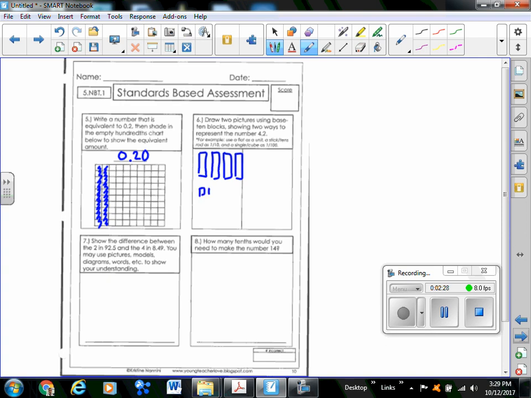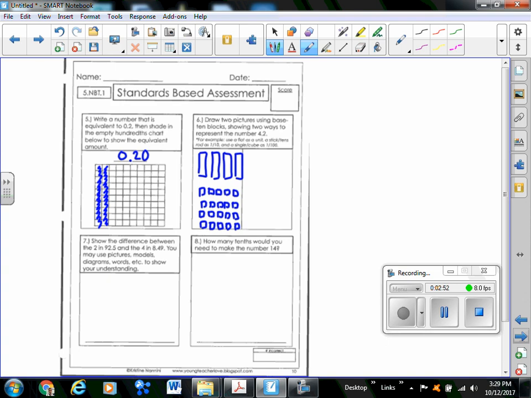We could do 1, 2, 3, 4, 5, 6, 7, 8, 9, 10, 11, 12, 13, 14, 15, 16, 17, 18, 19, 20.